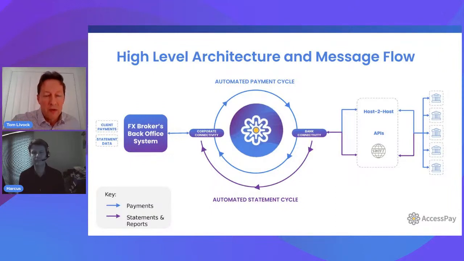And so rather than a typical corporate payment process, which is debtor going to creditor or originator going to beneficiary, there are actually multiple parties involved here, and as you mentioned, the Harcus FX service could be that intermediary.